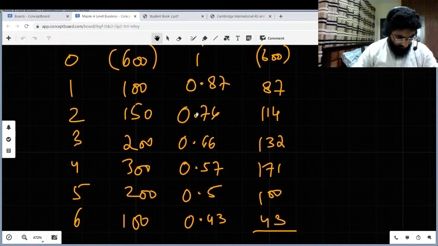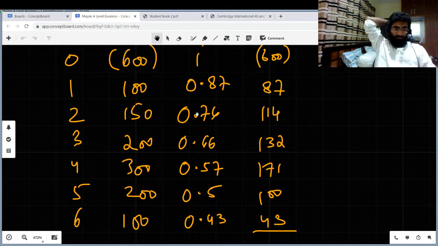Is it 47? Check the values again. 87 plus 114 plus... What did you get? I got 47.